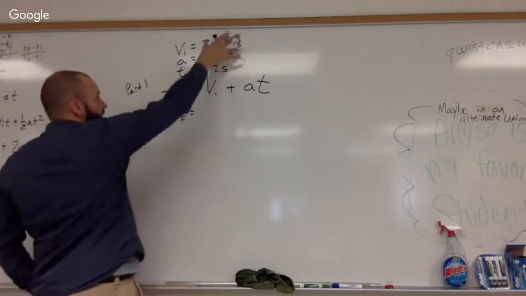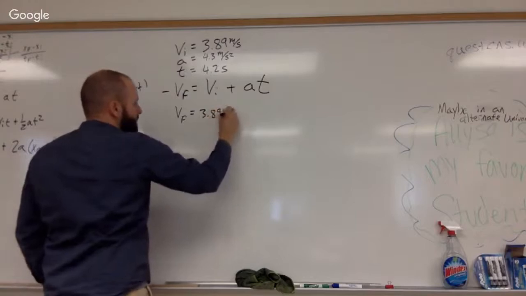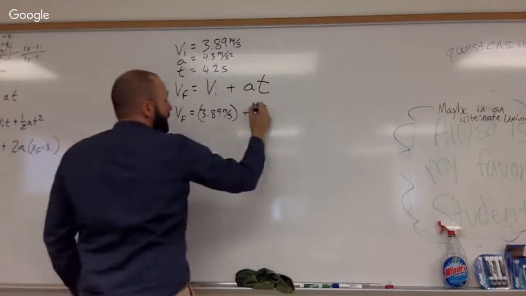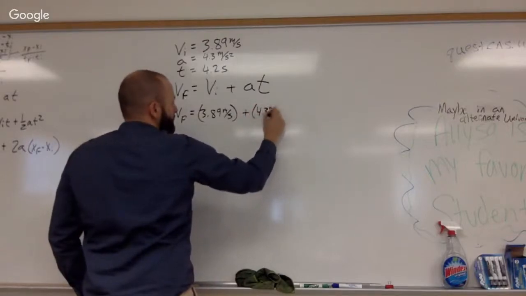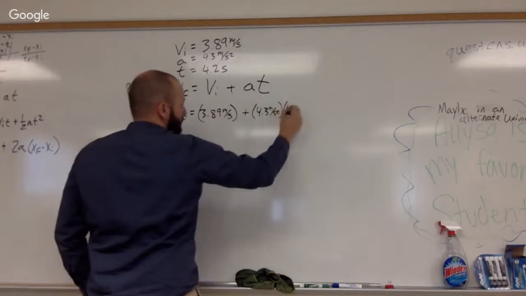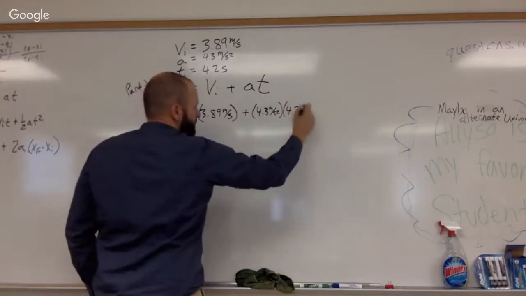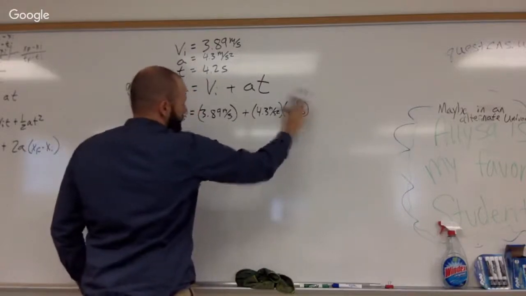We're just going to take that and put it here: 3.89 meters per second plus 4.3 meters per second squared times 4.2 seconds. And notice that there is no square in this equation, so do not square this.